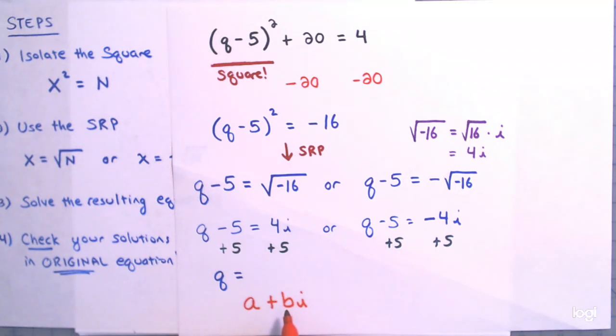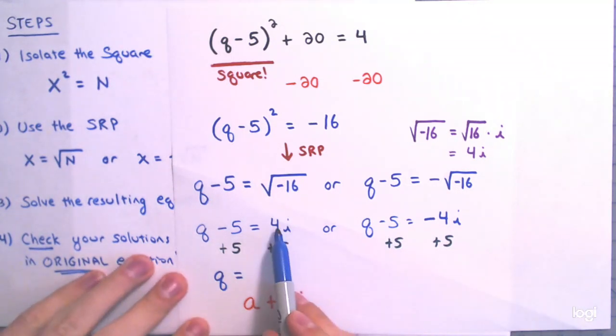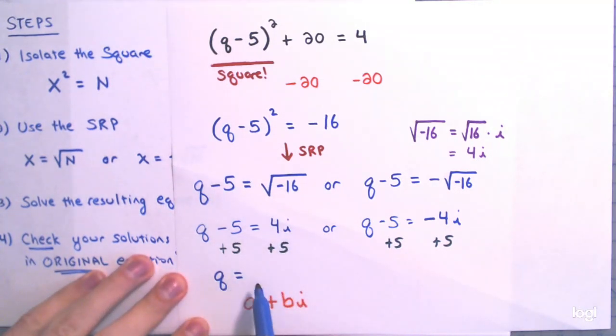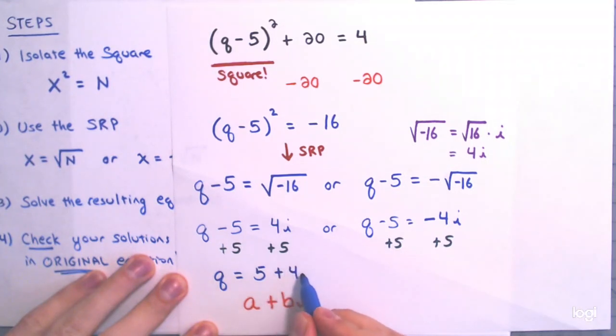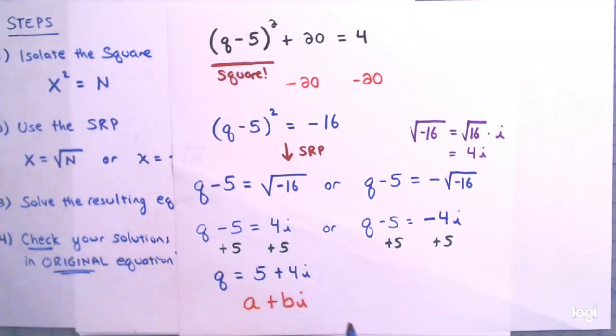Remember, every number is a complex number. Every number we've seen so far can be written like this, but typically in most texts you're going to see numbers written in this form, where your real number is first and then your imaginary term is second. So yes, you could write 4i plus 5 equals q, fine. But what's the real number? That's positive 5, and then the imaginary number, positive 4i. So I'm going to write that, q equals 5 plus 4i.